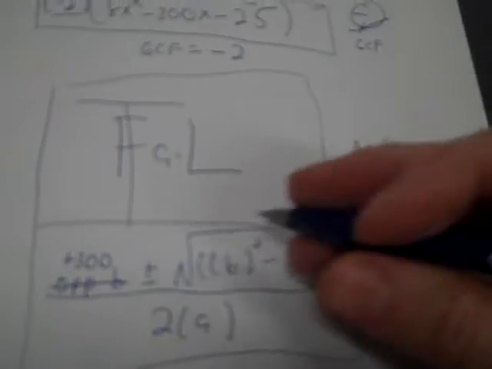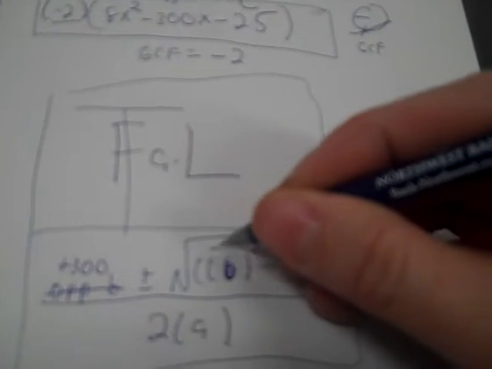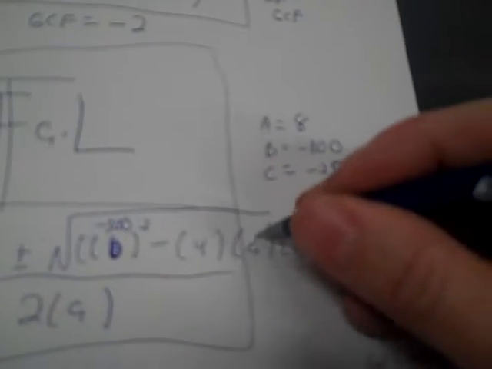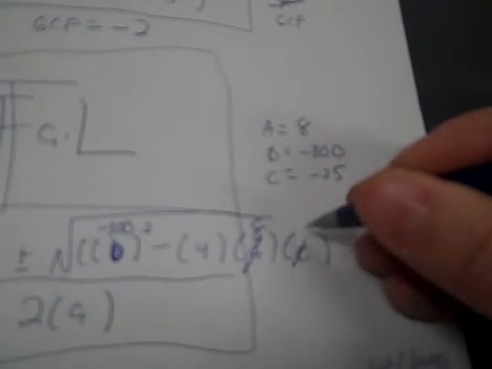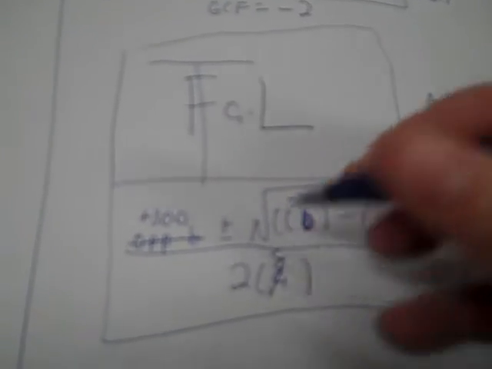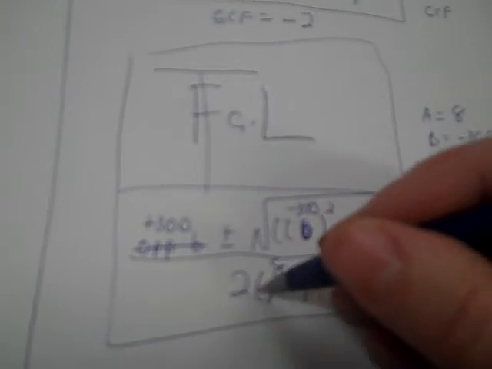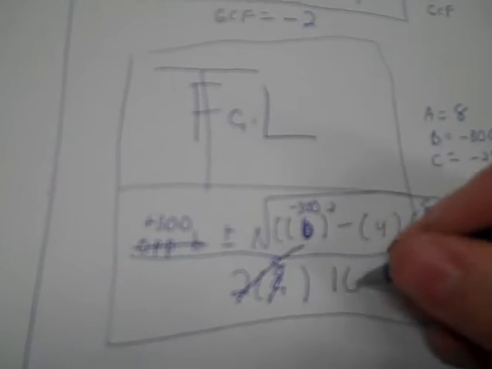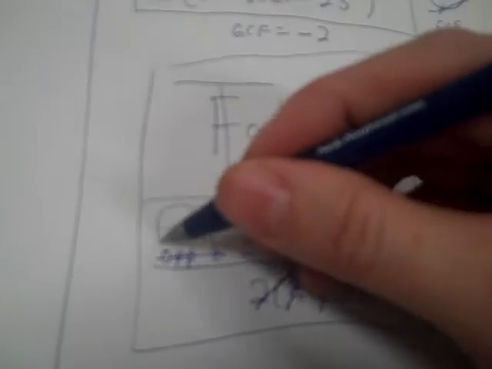Then b itself is negative 300. And then 4, and a is 8, c is negative 25, and then a is 8. First thing I do is find what 2 times 8 is, which is 16. So I've got 300, the plus or minus, and then 16.